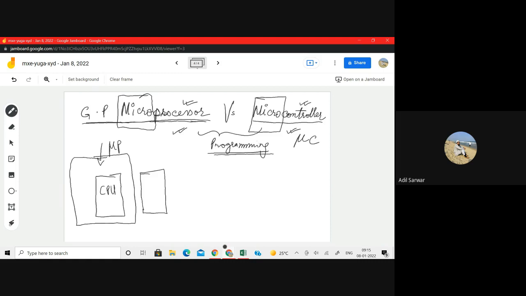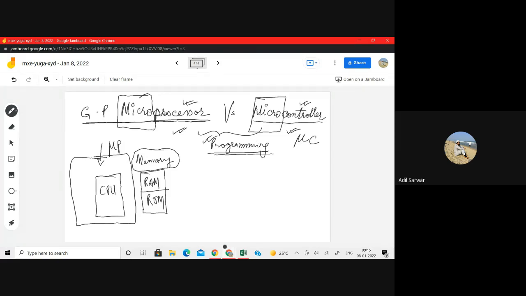Then, since programming has to be carried out, those programs need to be stored somewhere, so we need some memory space. In a microprocessor, this memory resides outside the chip of the CPU in the form of RAM and ROM. So this RAM and ROM reside outside the chip of the microprocessor.